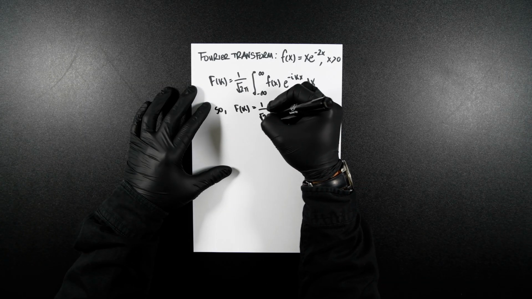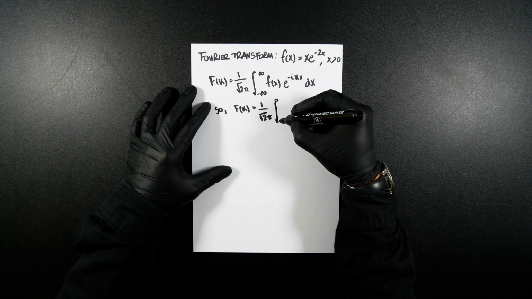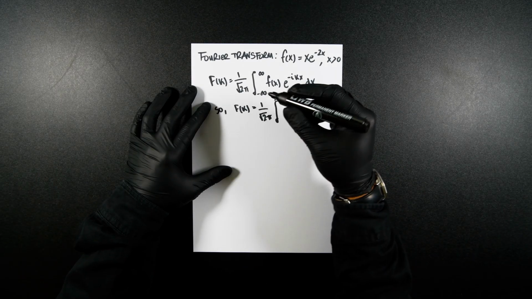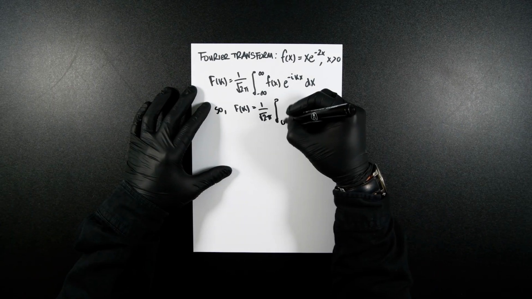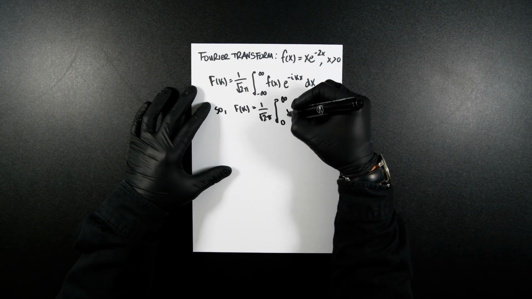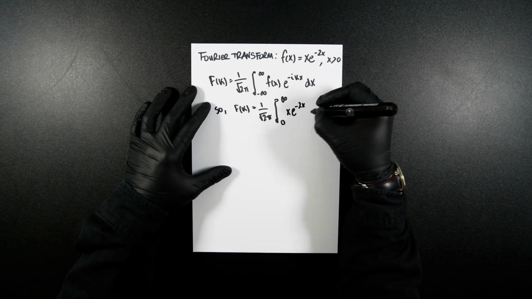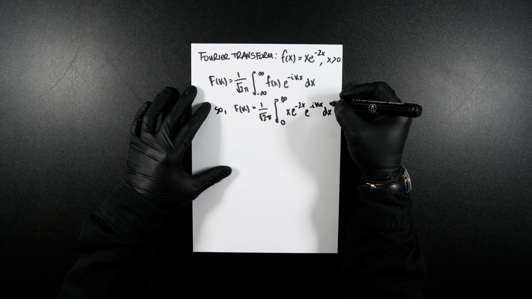We're going to have 1 over root 2 pi, but instead of minus infinity, we know that f(x) equals 0 when x is less than 0, so the lower limit is going to be 0, and the upper limit is infinity. Let's shove in x e to the minus 2x, and then e to the minus ikx dx.